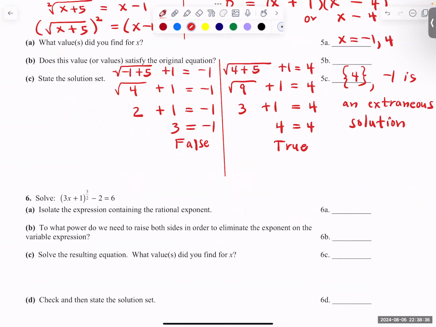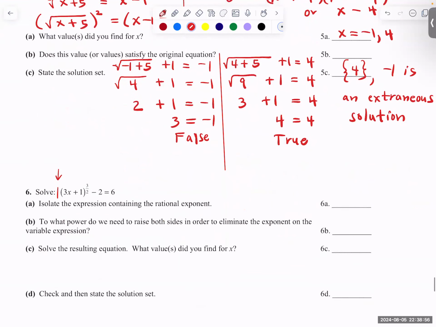Number 6, solve this equation where the algebraic expression has a coefficient of +1 and it's raised to the 3/2 power, or a rational number exponent, -2 equals 6.